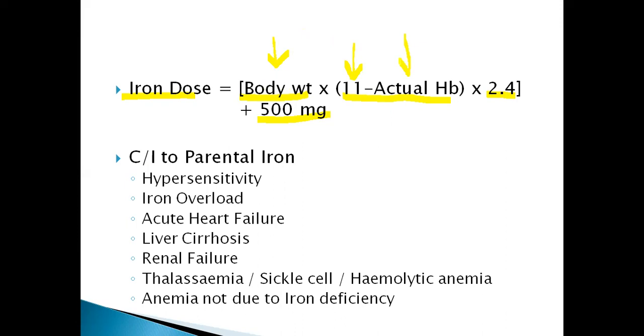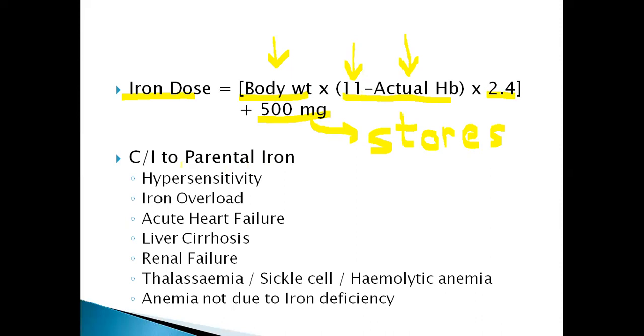Actual HB is the latest measured hemoglobin based on one or more of the available methods. 2.4 is the multiplier. This 500 milligram is for increasing the iron stores. The body doesn't use all its iron at one go. The body has mechanisms of storing iron in multiple forms, so this 500 milligram is basically to increase the iron stores of the body.